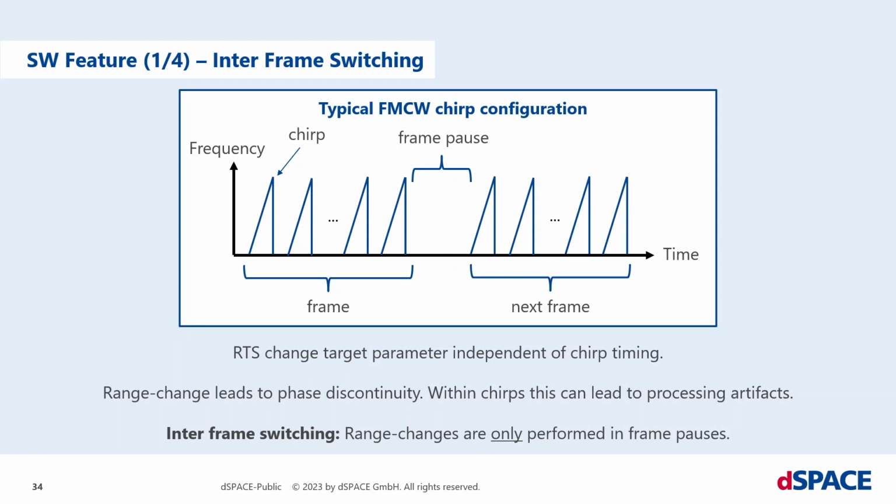But this can become problematic because an abrupt change in the simulated range leads to a phase discontinuity in the signal. This is no problem if there is no signal, but if this happens just during a chirp, this can lead to artifacts in further processing inside the radar sensor. With interframe switching, DARTS automatically detects frame pauses and only changes the simulated range during such pauses to prevent this kind of artifact.